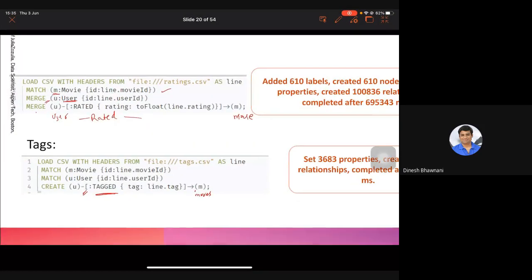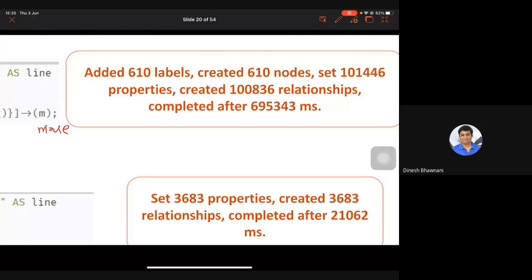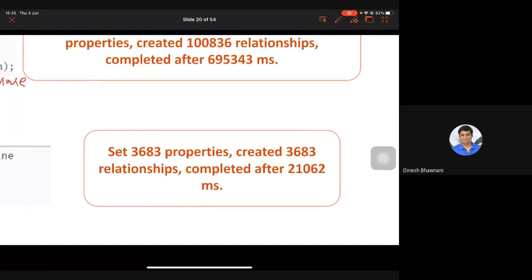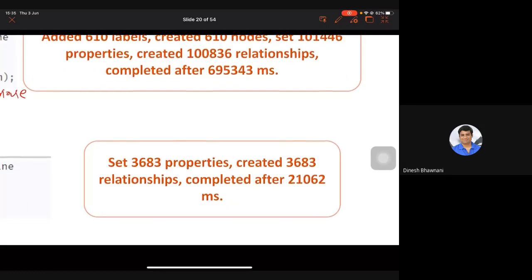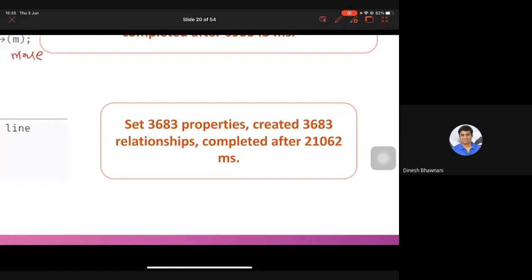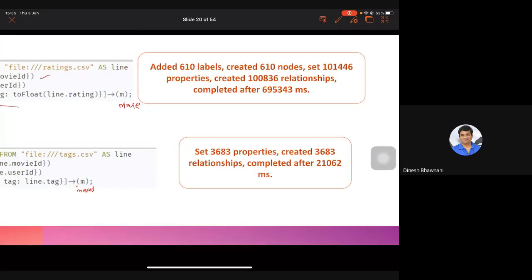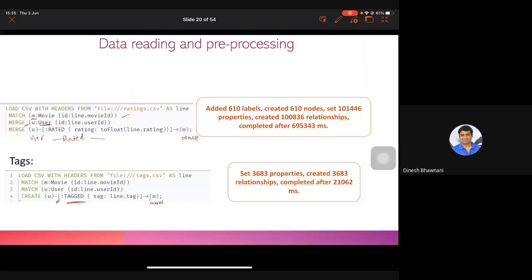What happens is all those labels are applied, 610 labels across nodes, then 100,000 properties, and another 100,000 plus relationships and so on will be completed in whatever time it takes depending on your processing speed. Similarly, tags will also create some additional properties and relationships.